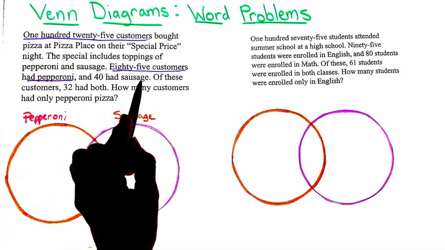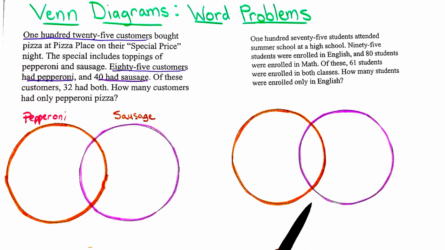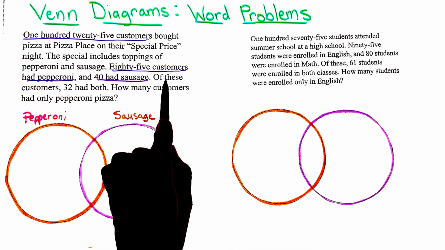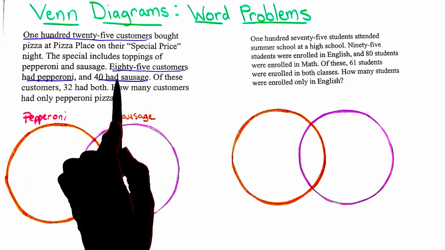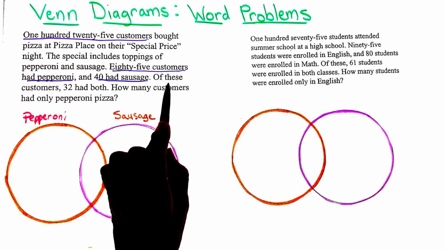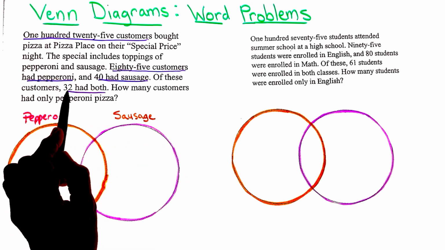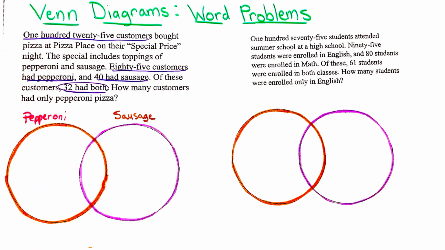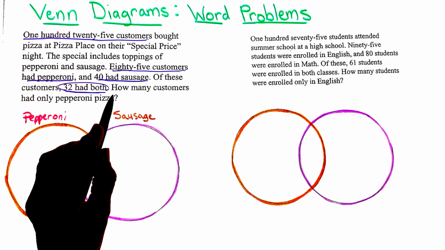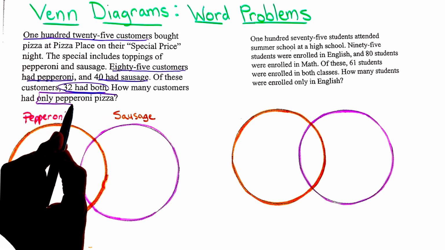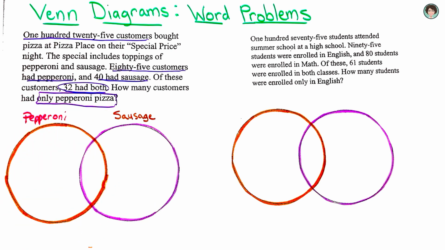There were 40 customers that had sausage. But of these customers listed above, there were 32 that had both. How many customers were looking for only pepperoni?